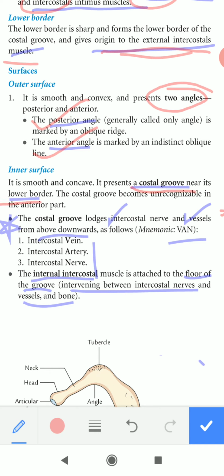And the most important thing that is asked in the viva: what are the structures that lodge in the costal groove? These are intercostal vein, intercostal artery and intercostal nerve from above downwards. Vein, artery, nerve. And the internal intercostal muscle is attached to the floor of the groove. Okay, so let's see.